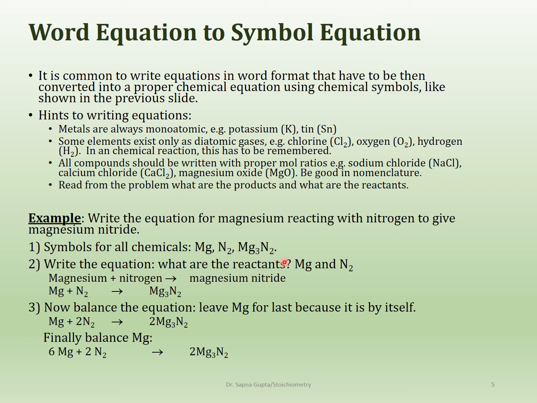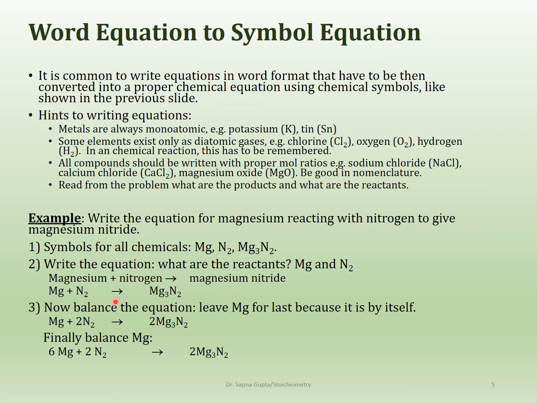Next is to put them in a chemical reaction, which means you need to know what is the reactant and what is the product. Reacting with means they are together, to give magnesium nitride. To give means that is the product. So here is our equation: magnesium plus nitrogen to give magnesium nitride.